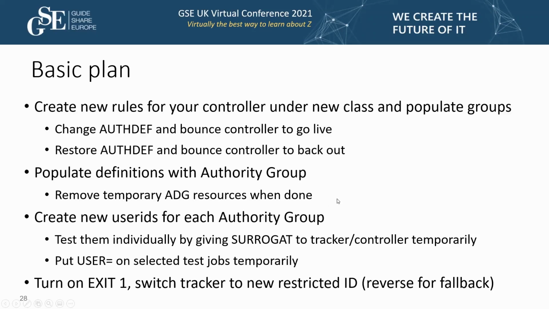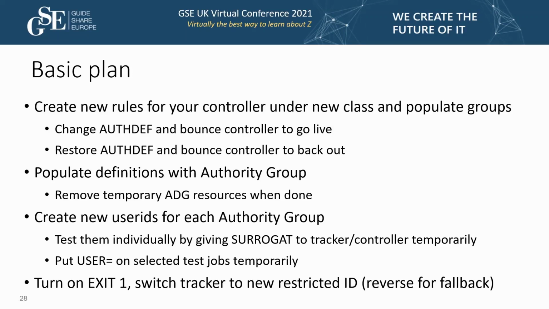So that was stuff on the previous slide. And finally, you want to create your user IDs for each of the authority groups. If you haven't already done it, in some cases you may already have these as user IDs that you're converting from user equals in the JCL. You could test them individually by giving surrogate to the tracker and controller temporarily to say, okay, if this job ran under this user ID, would it work?